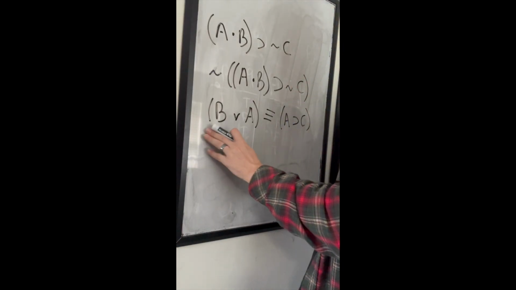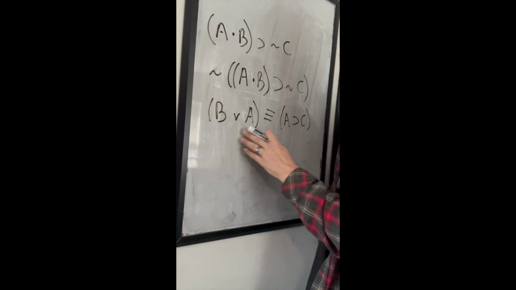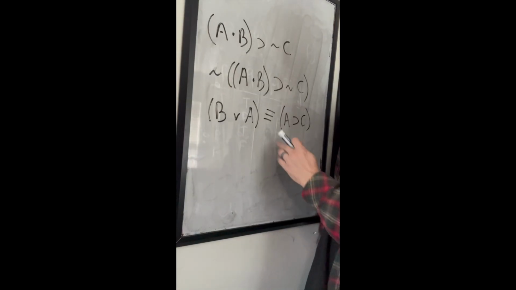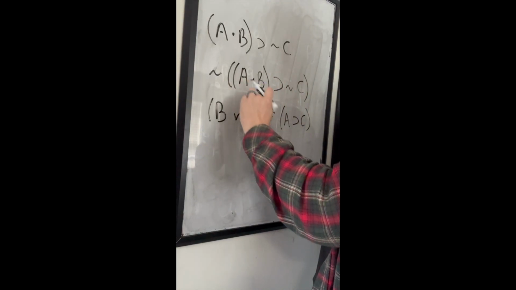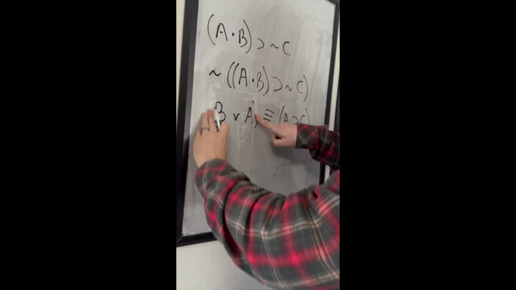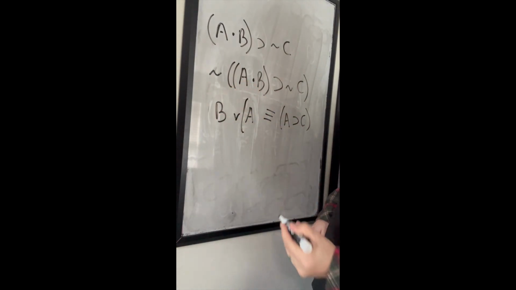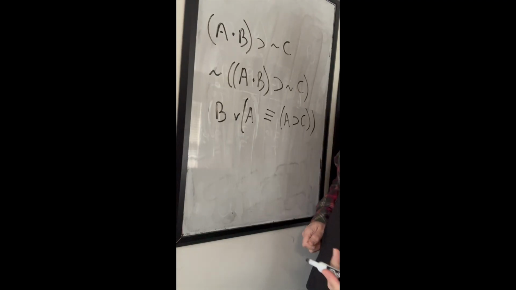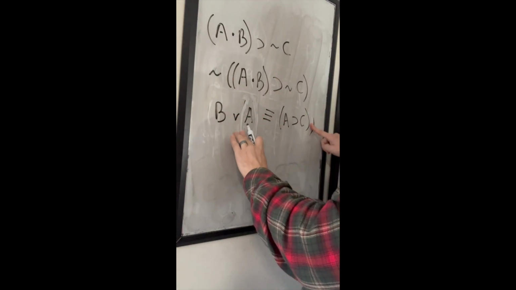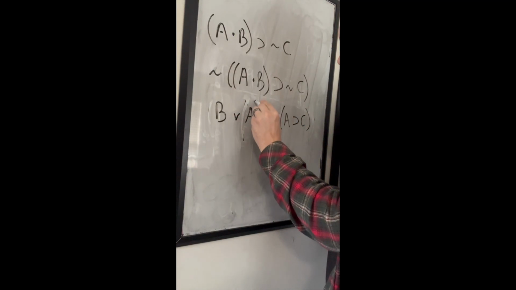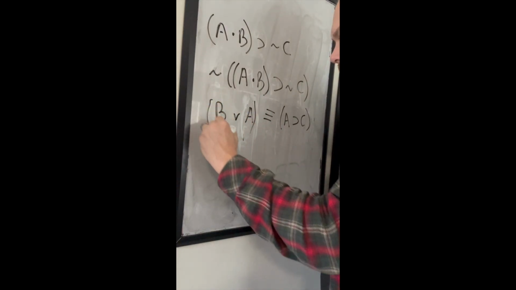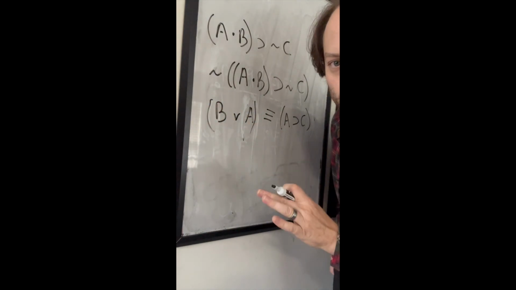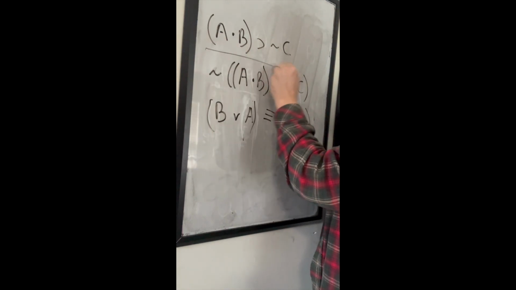When I said B or A, if and only if, that could be like this, or it could be like that, right? So yeah, there's a lot of ambiguity, but with our use of parentheses here, we don't really have any ambiguity here.